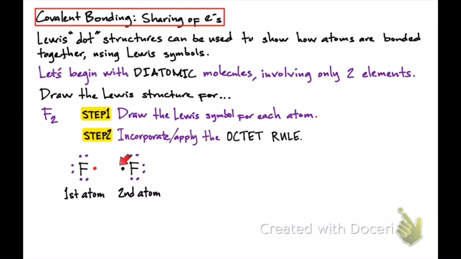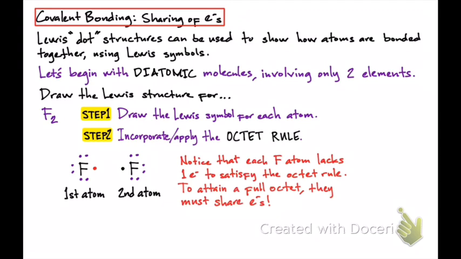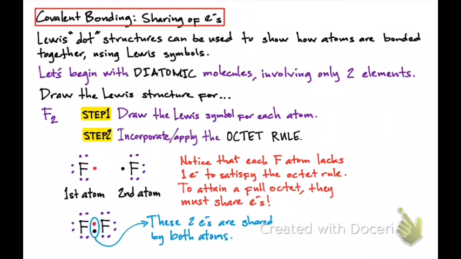So each fluorine will share its single unpaired electron, right? All the rest of the electrons here are paired. And so they can form a bond by sharing the electrons.